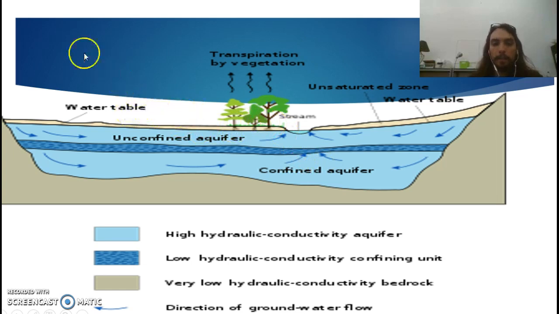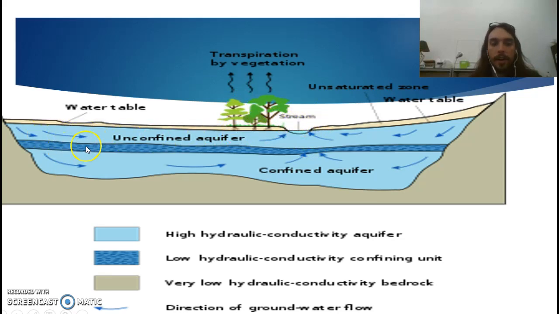We've got water coming in, and then it goes down through some soil, and then all that unconfined water just moves around in the ground and is usually either recharging a stream or taking water from a stream. So in this scenario, it's recharging a stream because that water is coming down from a higher elevation and going into a stream at lower elevation. So that stream is getting water from this aquifer.